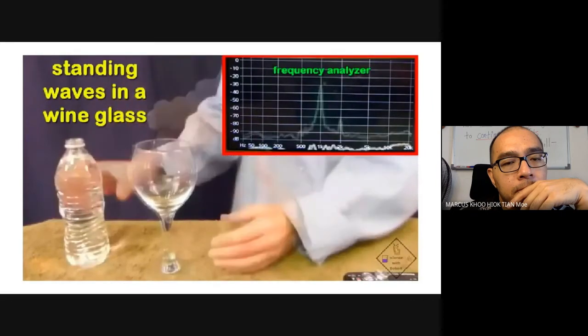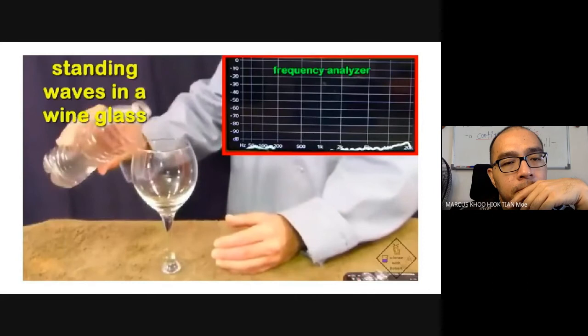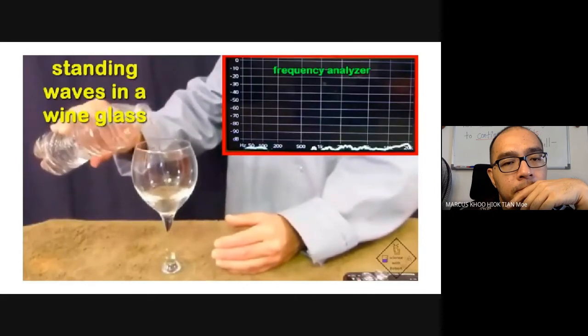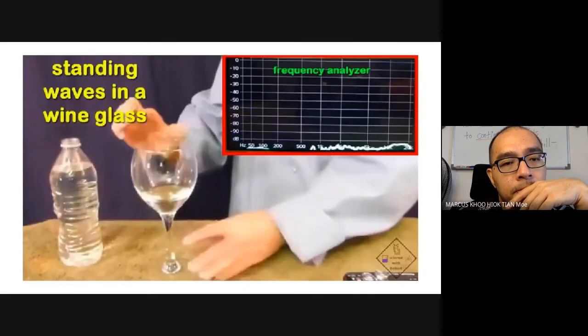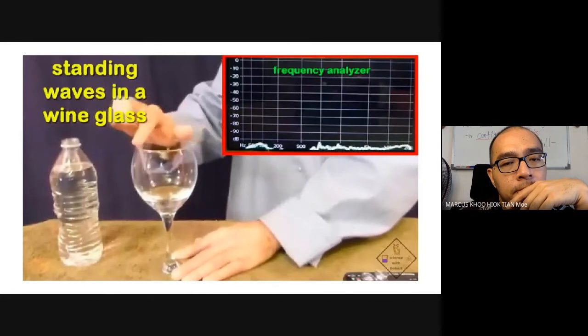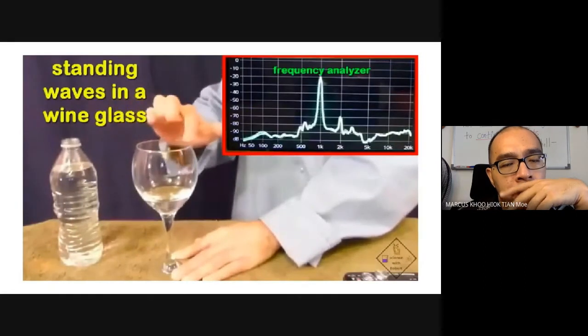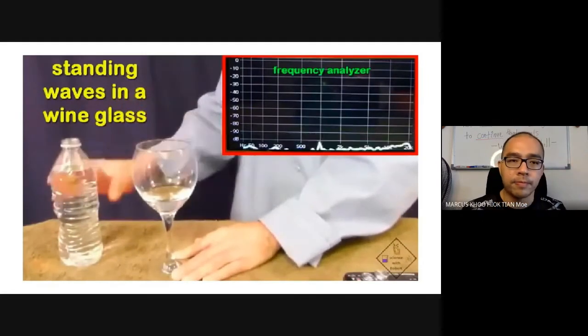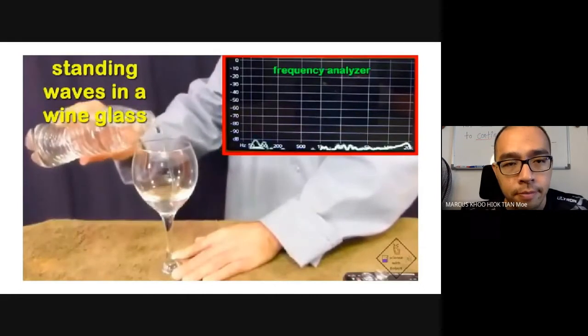You can easily change the natural frequency of a wine glass by adding water. The addition of water changes the mass of the glass, and with more water, a lower natural frequency resides in the glass.